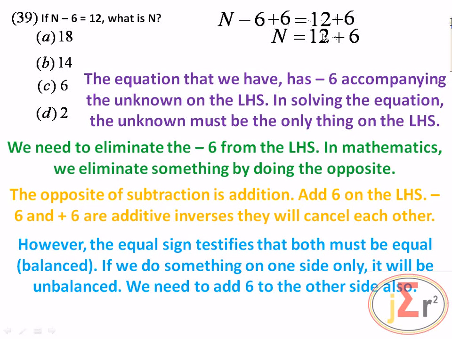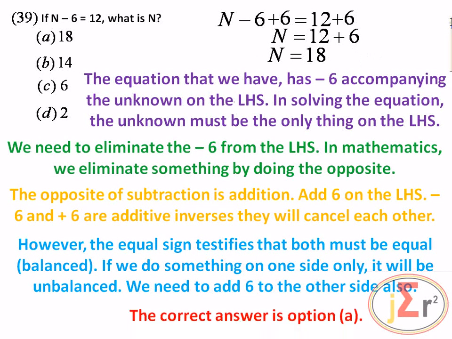So we will have the 6's, the additive inverses, eliminating each other on that side. But on the right-hand side, we need to have what? 12 plus 6. We need to complete the addition process. And n is equal to? 18. And that is represented by option A. The correct answer is option A.